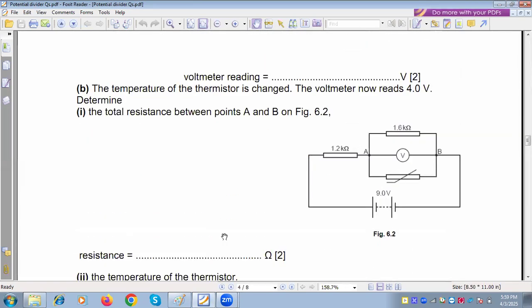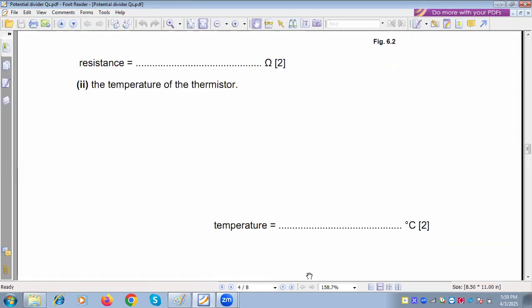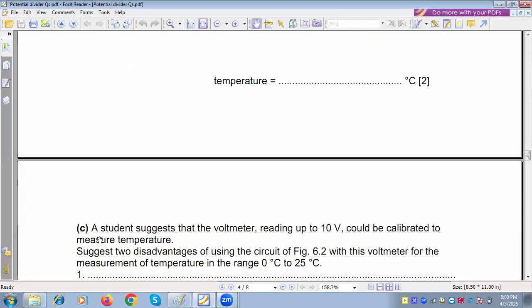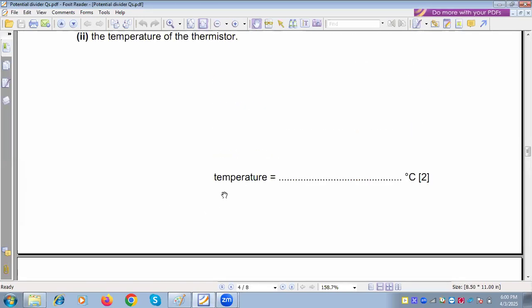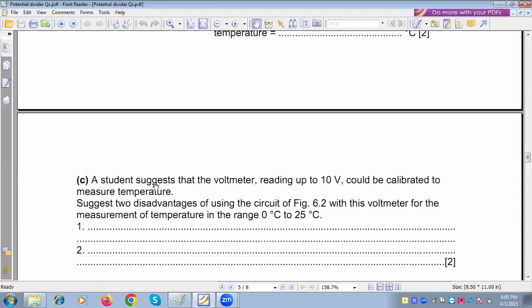So the temperature of the thermistor is 11 degrees Celsius. Why was it worth 2 marks? It was not only a matter of locating the value, it was a matter of calculating the resistance of the thermistor as well.